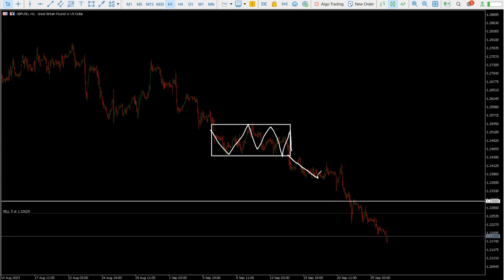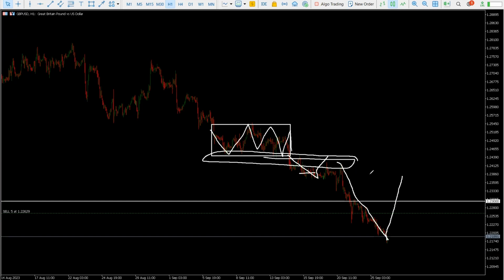We went down, we came back, we retested this area here, and then we went down again. I don't see the price coming to this area at the moment. I guess it's too much. It can come back to 123, somewhere here, but it is still too much.